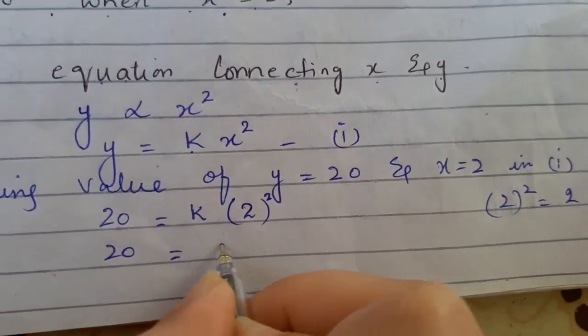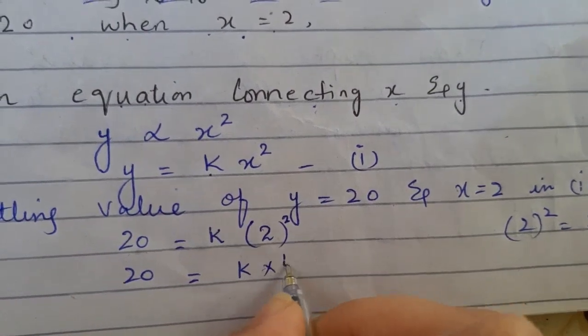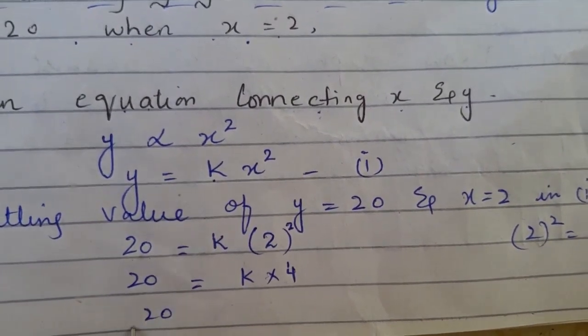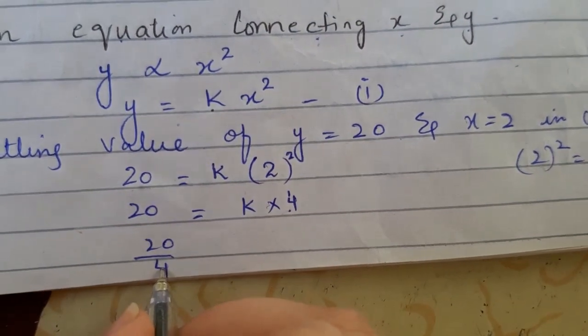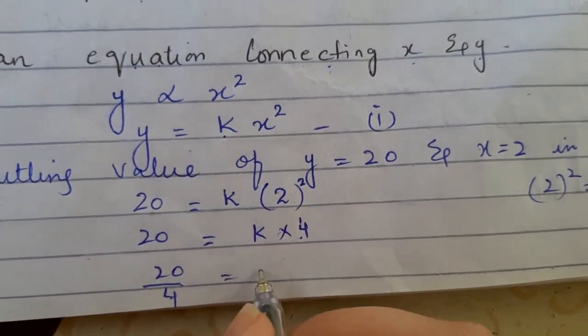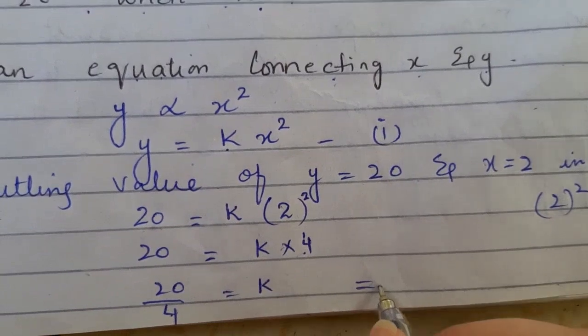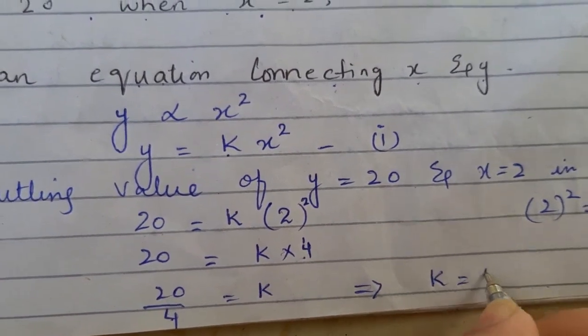So 20 is equal to k multiplied by 4. 20 divided by 4, here 4 is being multiplied, so when you take it to the other side, 4 will be divided, which is equal to k. So what will be the value of k? K is equal to 5.